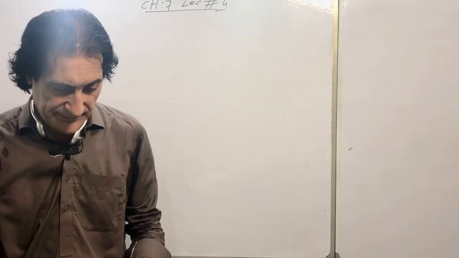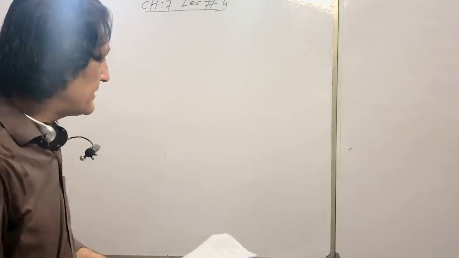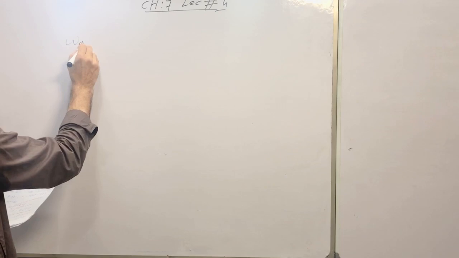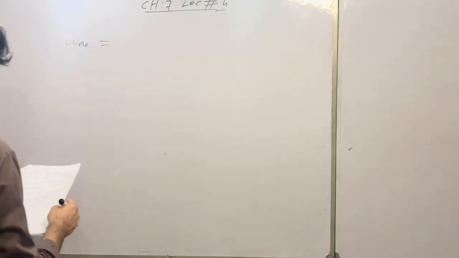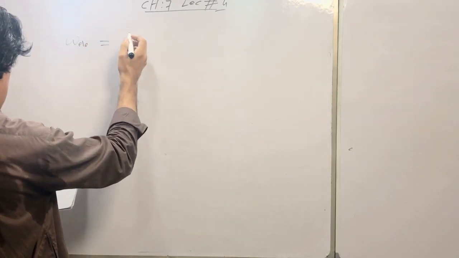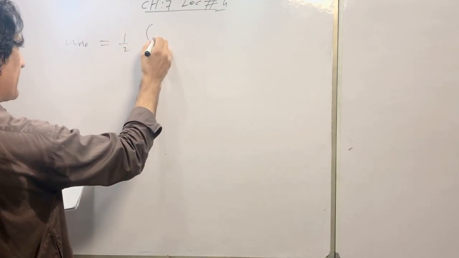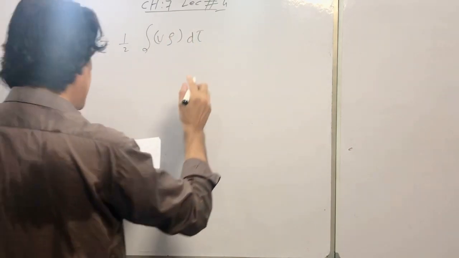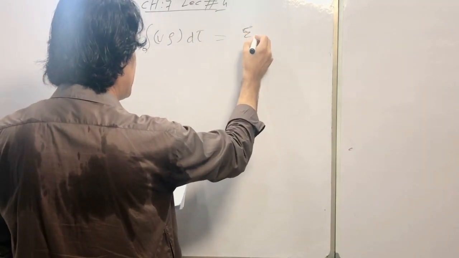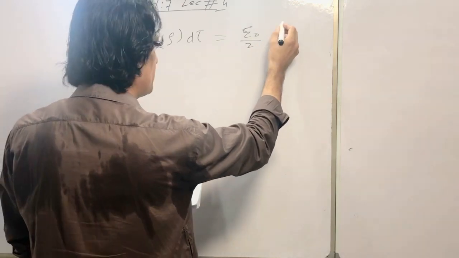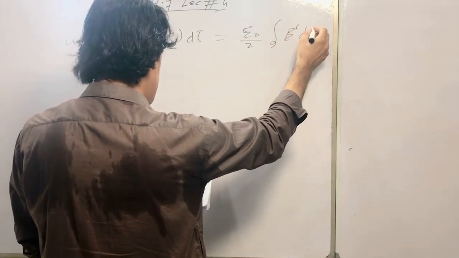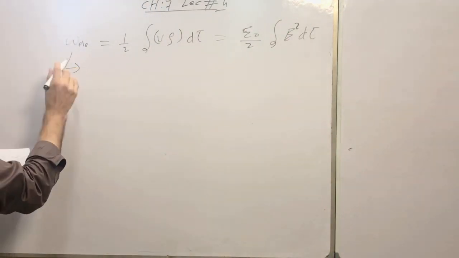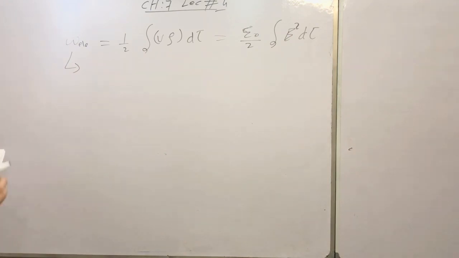Previously in chapter 5, we calculated the energy stored in an electric field like this: 1 over 2 integral of V rho d tau, which is equal to epsilon naught divided by 2 times the integral of E square d tau. This is the energy stored in an electric field.